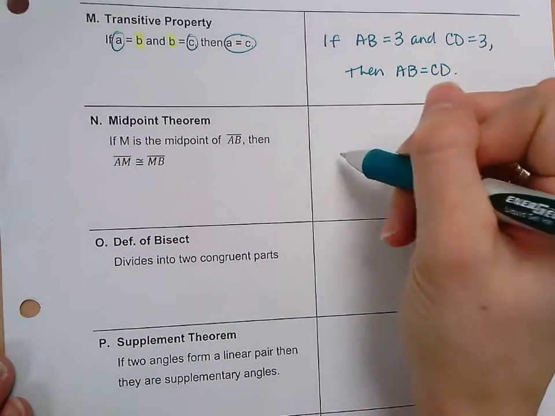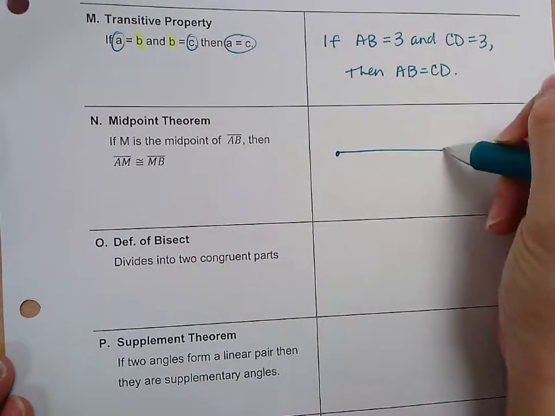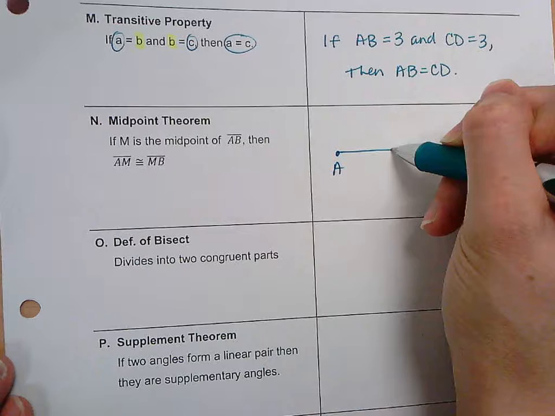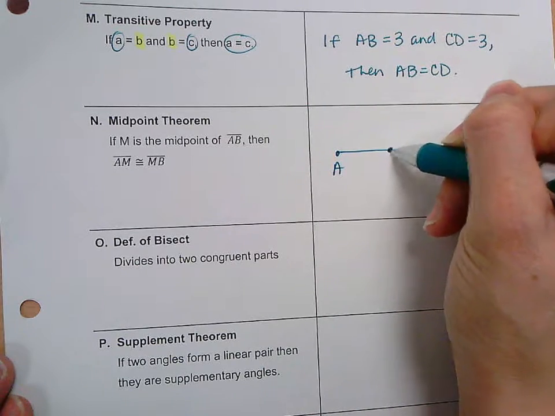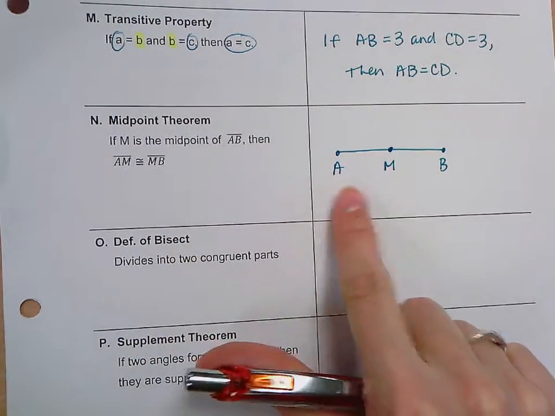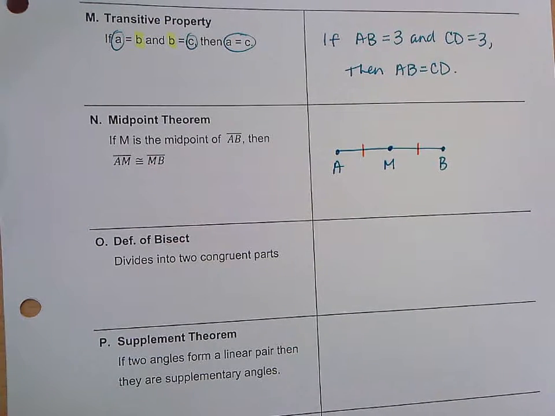So I'm going to just draw a sketch here. If I have segment AB, and then M is the midpoint, that means segment AM is congruent to segment MB. That's just what it means to be the midpoint.